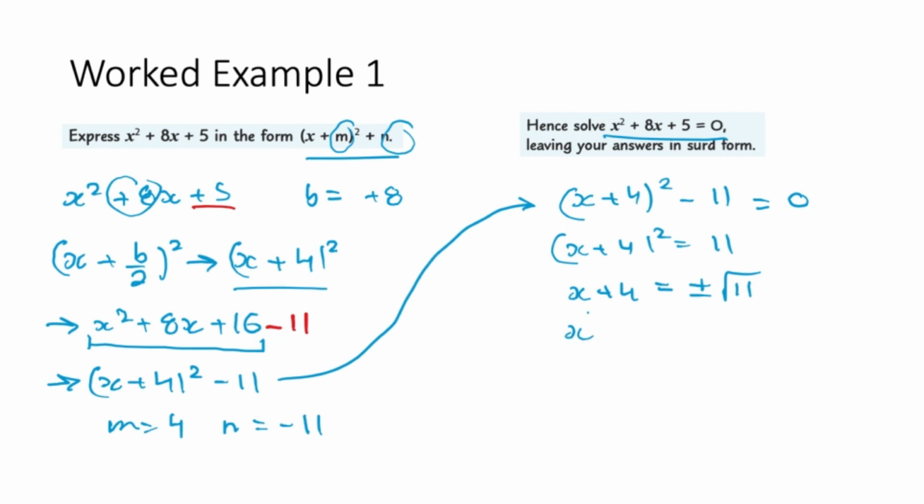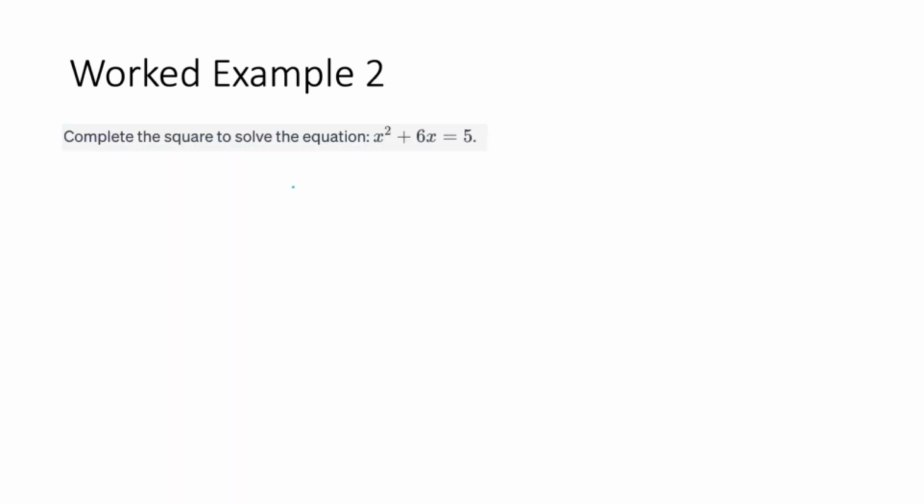And then you put the 4 on the other side. Subtract 4 from both sides, so minus 4, positive or negative square root 11. So here your two answers will be x equals minus 4 plus square root 11, and x equals minus 4 minus square root 11.